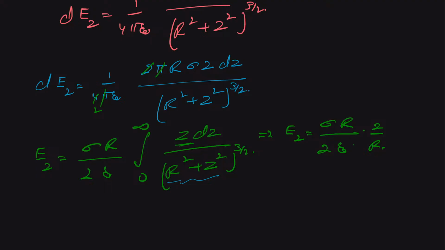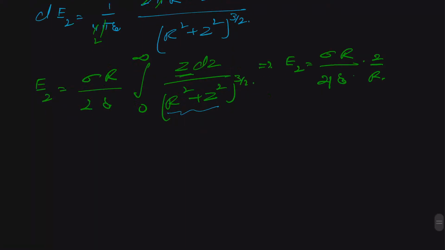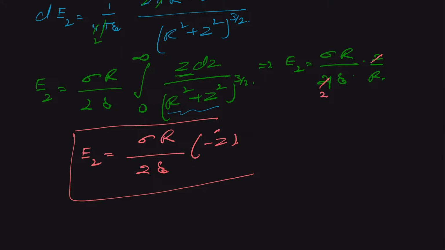I think, one second, I made some mistake somewhere. Okay, so this will be 1 by 4, my mistake. So we get our electric field equal to, this goes by 2, so we get sigma upon 2 epsilon naught, in the direction of the z unit vector. So this is the electric field due to a hollow semi-infinite cylinder.